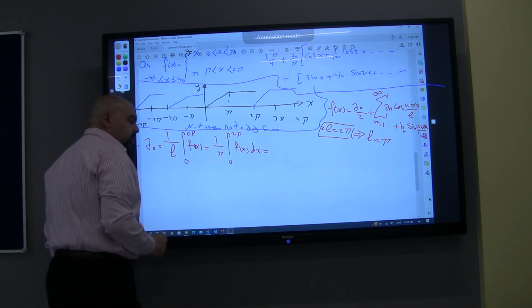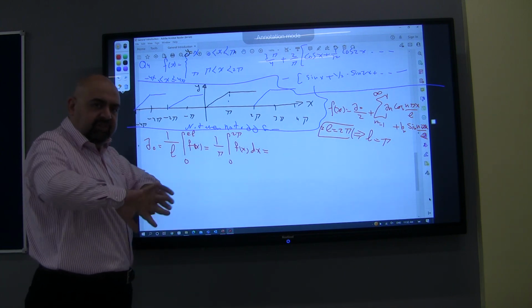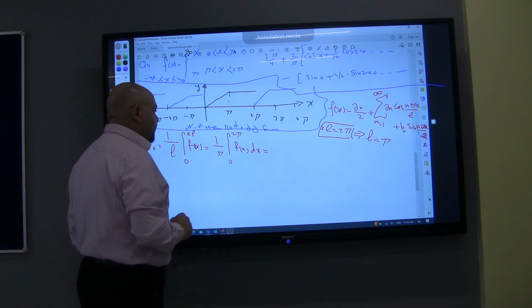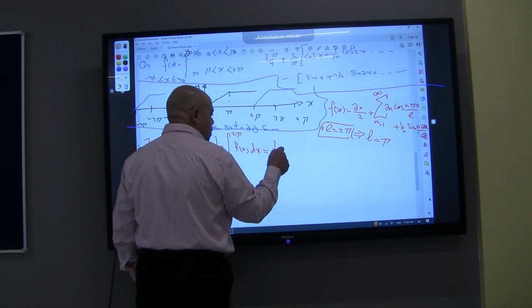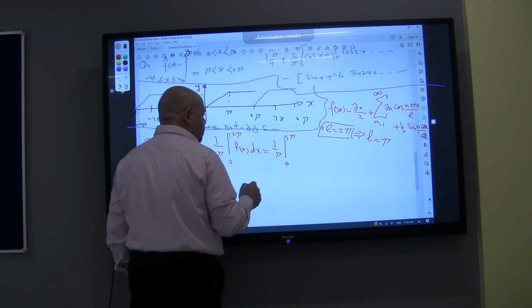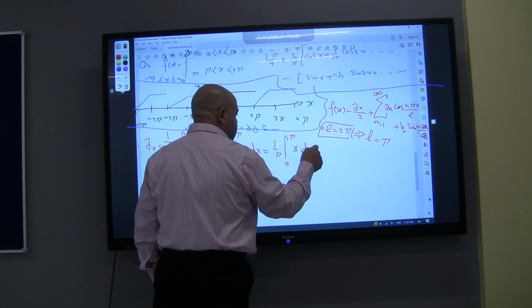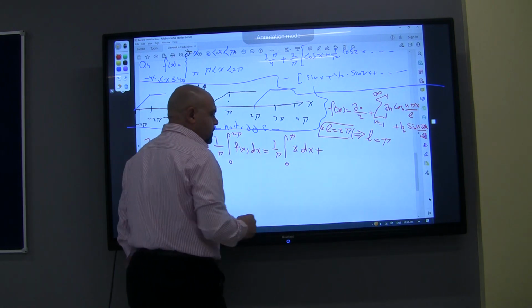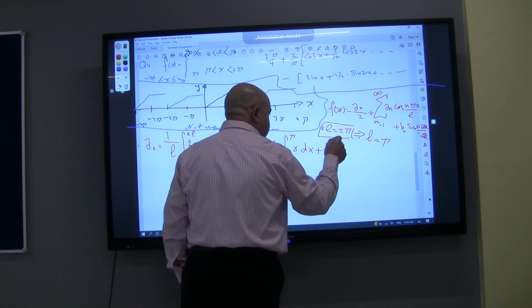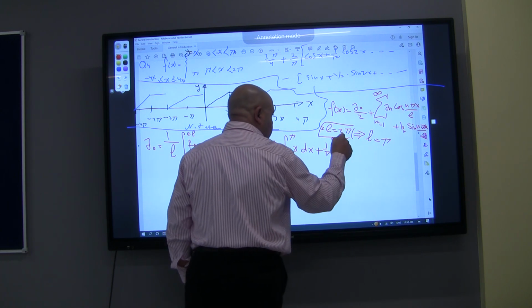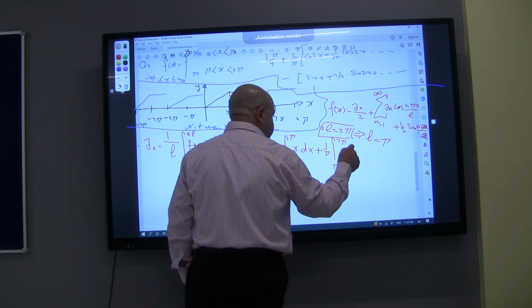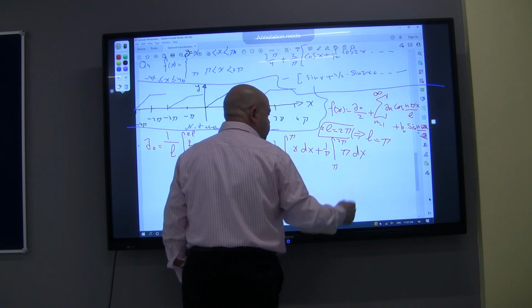So this integration will have to divide it into 2 parts. يبقى إذا الكلام ده يساوي 1 over pi integrate from 0 up to pi. The first part is y equal to x dx, then plus 1 over pi integration from pi to 2 pi, والfunction بتاعتي is going to be pi times dx.